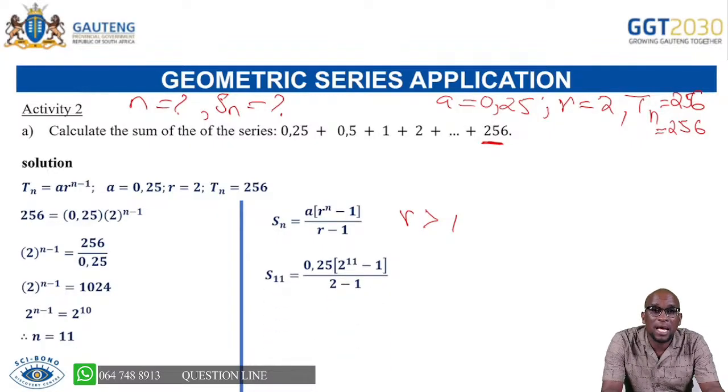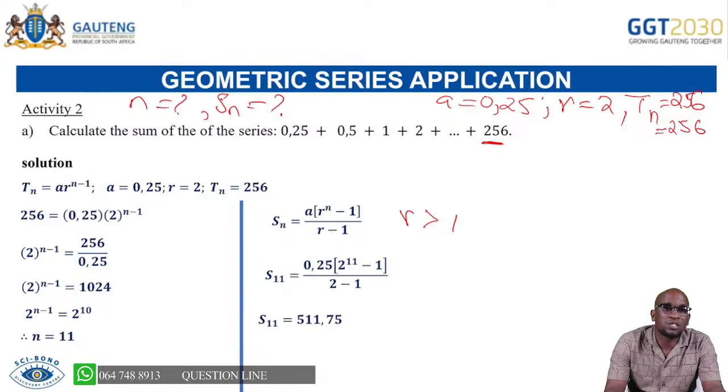I've substituted a, r, as well as n into the formula. So I have that S sub 11, which is the sum of the first 11 terms, would be 511.75. That's how you are supposed to work it out. Not a complicated problem, just wanted you to understand the fundamentals.